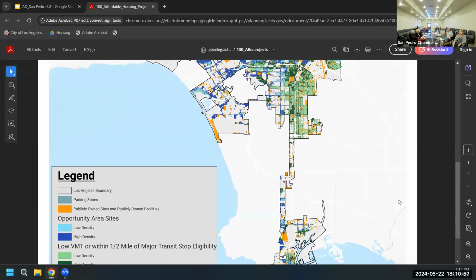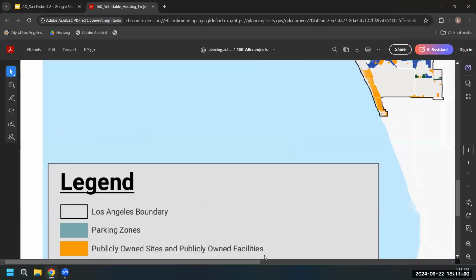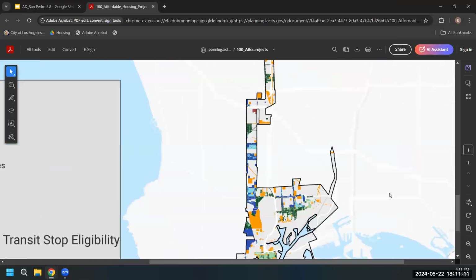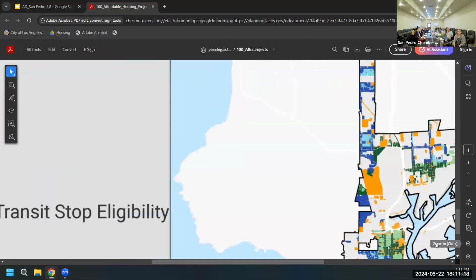Okay, and on the screen is the AHIP map. Is this the link? Was this the map? Yes. Could you please zoom it a little? How's this? You have to zoom in a lot to see what we're talking about. Zoom it a lot. Okay.